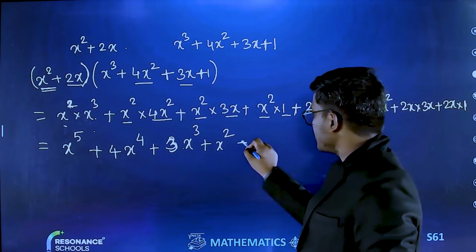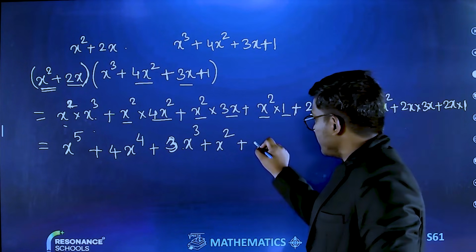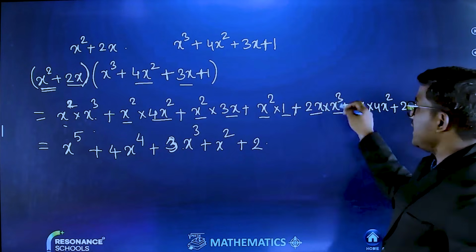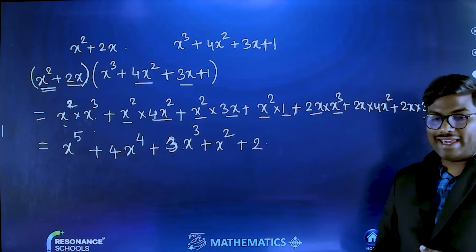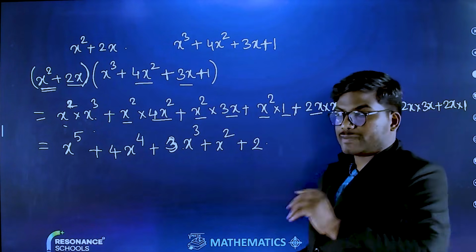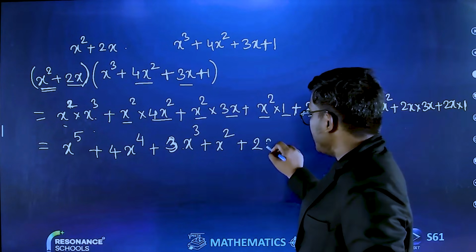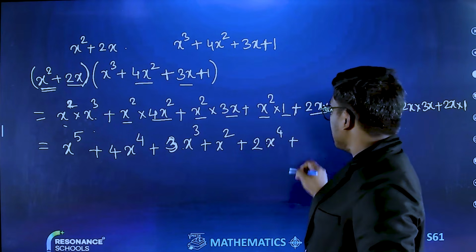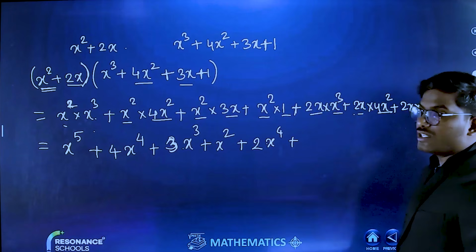plus 2x into x cube, we'll write the 2 here, x power 1 into x power 3 will be x power 1 plus 3, so it will be x power 4. 2x into 4x square, 2 times 4 is what? 8.